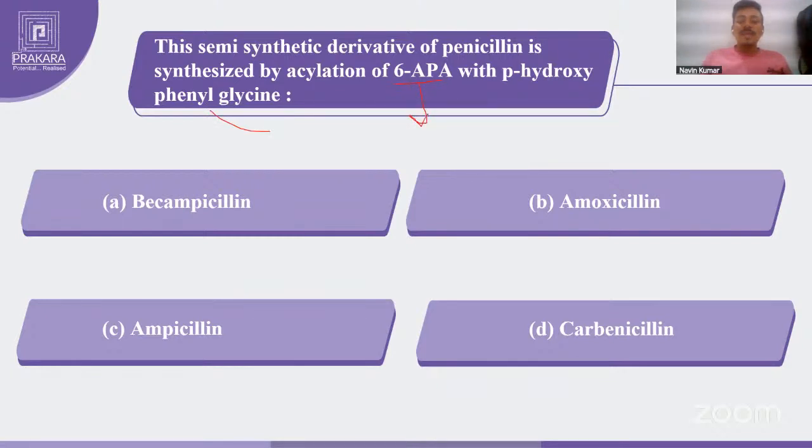Here 6-APA is 6-aminopenicillanic acid, and para-hydroxy phenyl glycine means the phenyl has a hydroxy group at the para position. If you remember the structures carefully, you can easily eliminate ampicillin and carbenicillin.